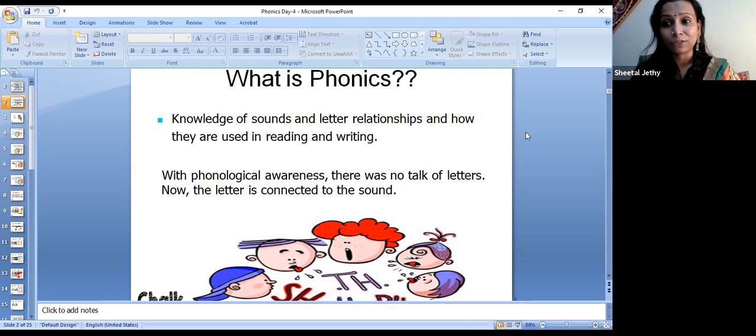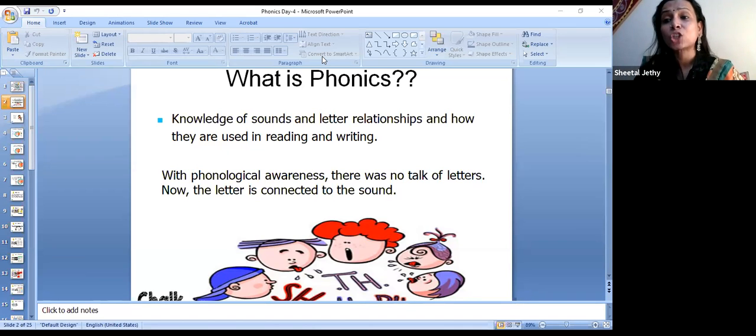So every alphabet has three aspects: the name, the script, the way it is written, and the sound, what it makes. The third aspect, the sound of the letter, is basically called phonics, right? So the knowledge of the sound of any letter, the relationship between how it is read and written, that's called phonics.